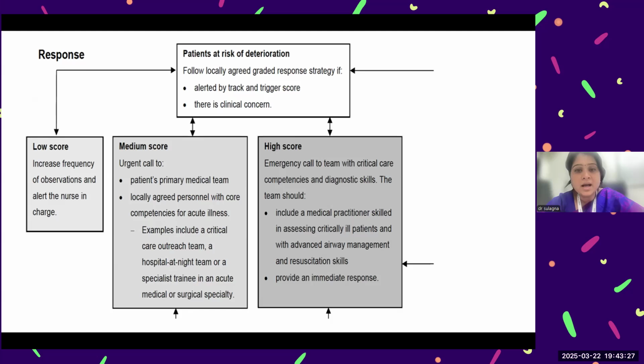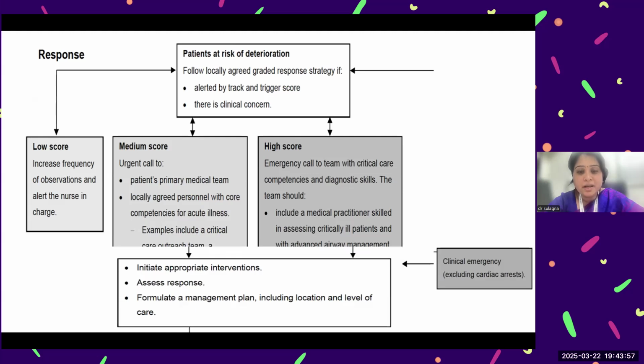And if the risk is high, then critical care practitioners or practitioners with advanced airway management skills like anesthesiologists should be called for, and an immediate response should be elicited, and the patients will need to be shifted to areas like the ICU. This is also true in a clinical emergency where patients are coming in and are getting admitted to dead areas.